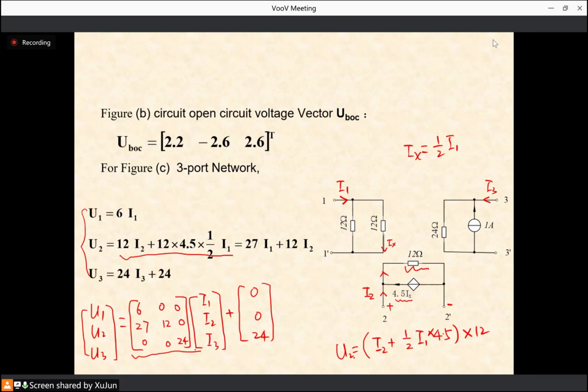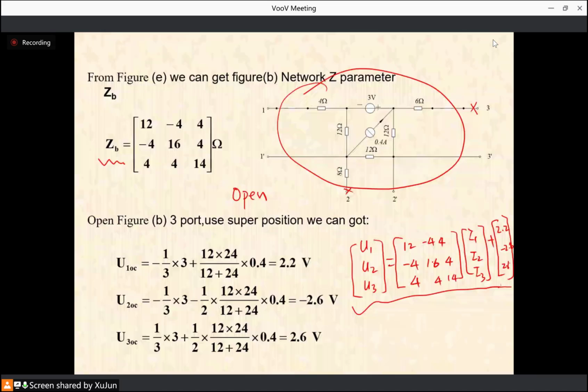And then we can find this network. This Z parameter is not symmetry. Attention, this position is not equal, so it's not symmetry, because this network contains a dependent source. But for this network, it's symmetry, because there's no dependent source inside.